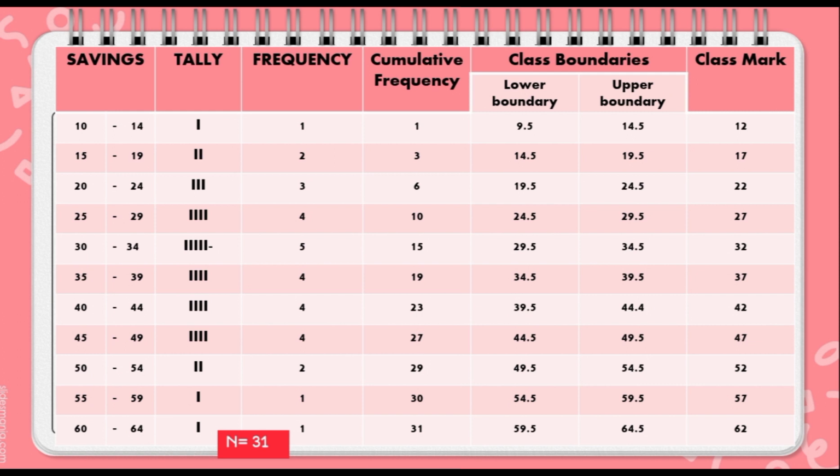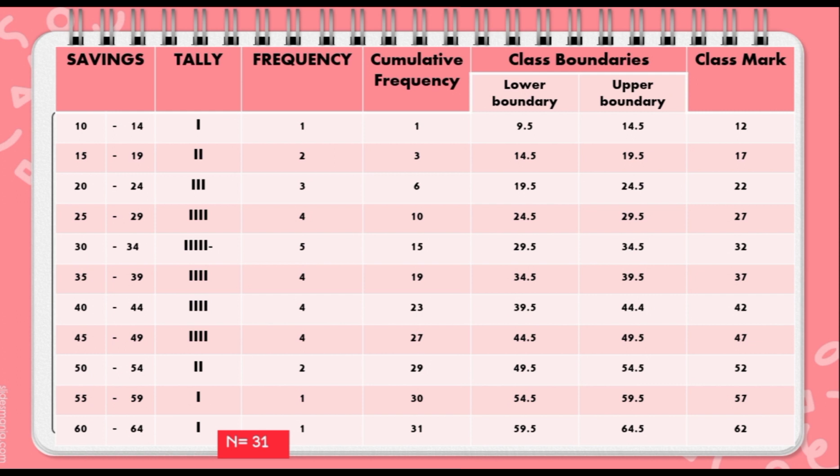In our second interval, 15 minus 0.5, we have 14.5, and 19 plus 0.5, we have 19.5. So 20 minus 0.5, we have 19.5. 24 plus 0.5, we have 24.5. 25 minus 0.5, we have 24.5.